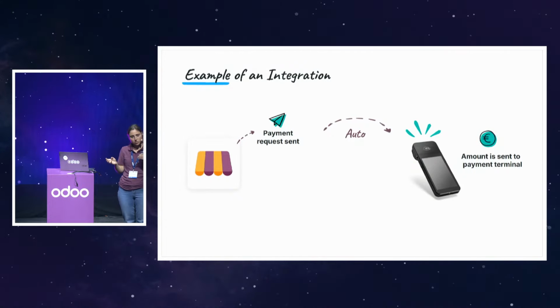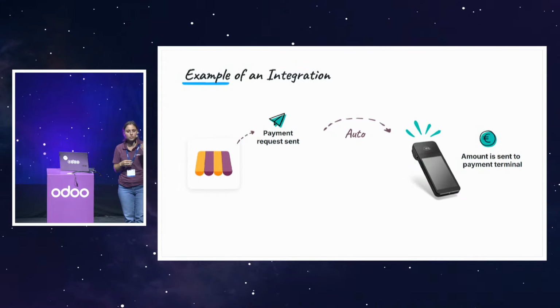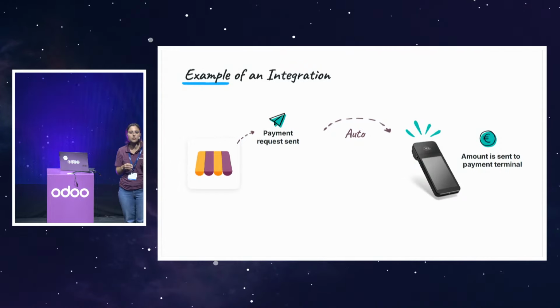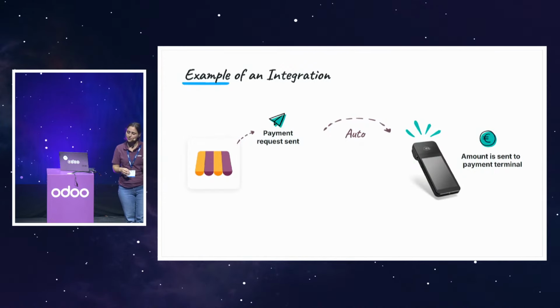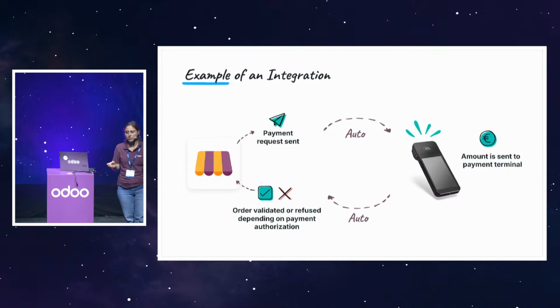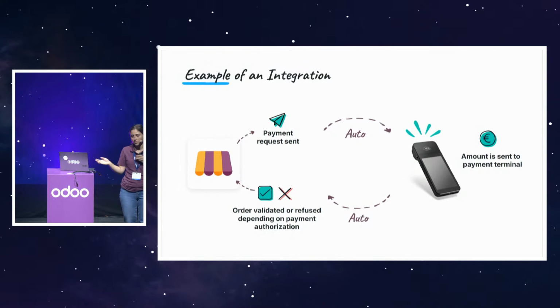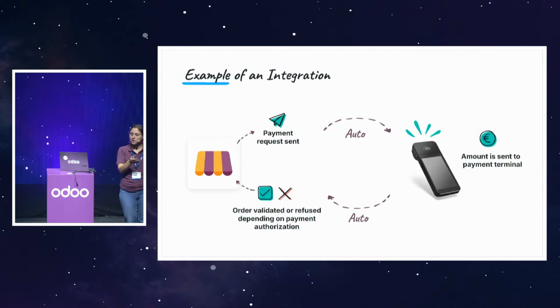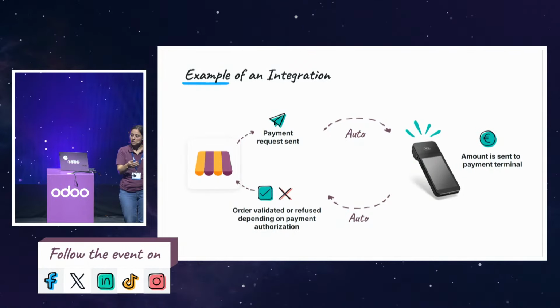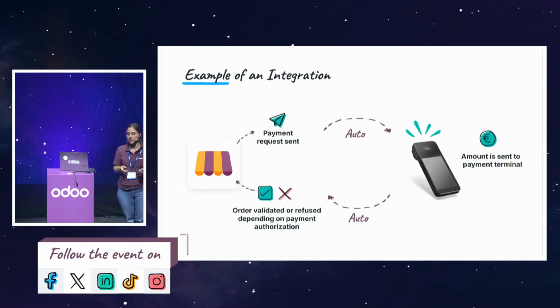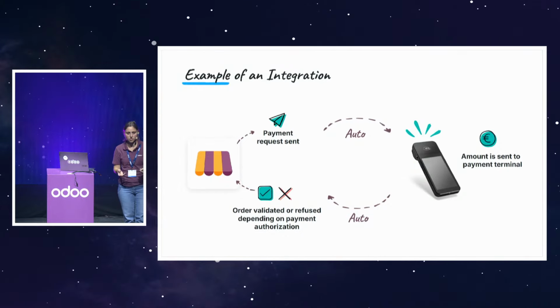The payment terminal then validates or refuses the transaction, doing the payment authorization. If the payment provider accepts the transaction, this info is automatically sent to the POS of Odoo, and the order is validated or refused accordingly, depending on this payment authorization.